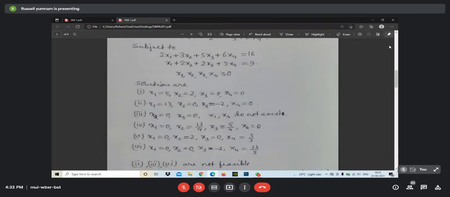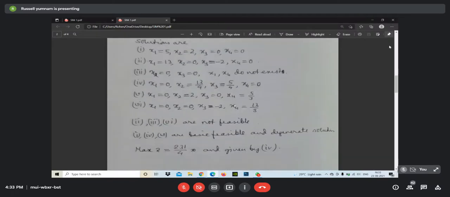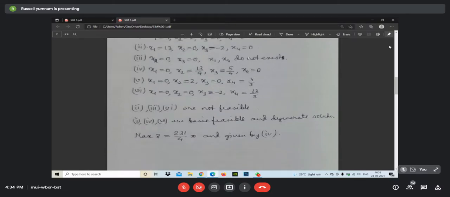But here x3 is negative, and that is why this does not satisfy the condition, and it becomes infeasible. That means our feasible region will be in the first quadrant, but this point is not in the first quadrant. This point will not be in the feasible region, and this also does not exist. For 6 also it is negative, that is why not feasible.